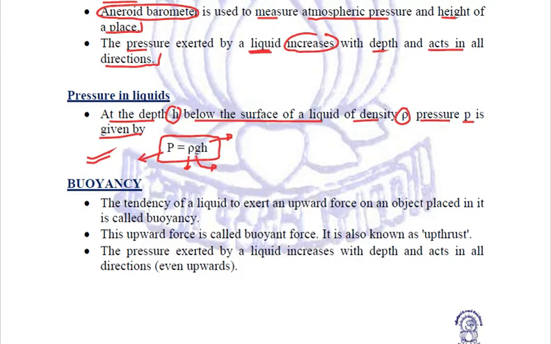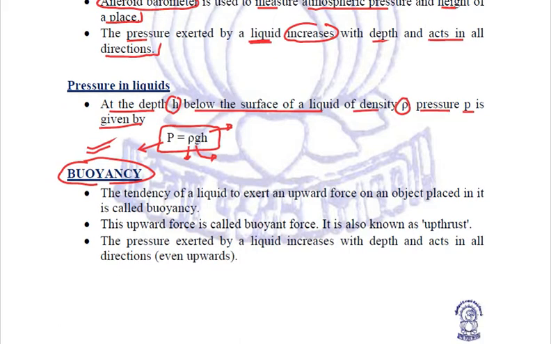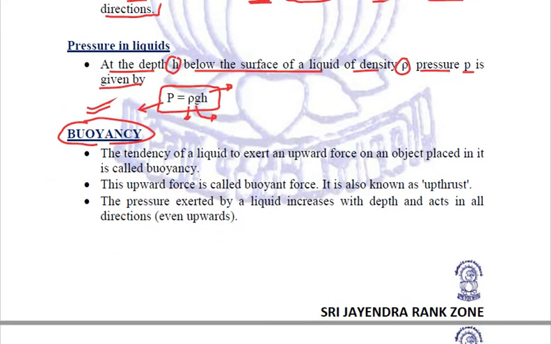Next, and a very important term, is buoyancy. Now what exactly is buoyancy? Please try to understand, because this is very important from the exam's point of view. The tendency of any liquid to exert an upward force on an object placed in it is called buoyancy.